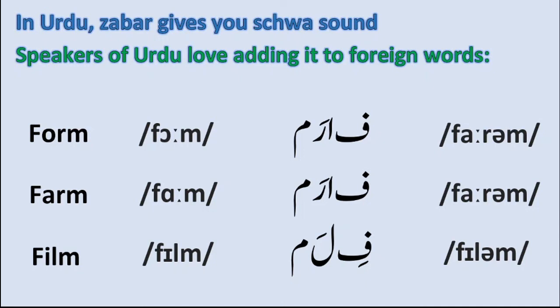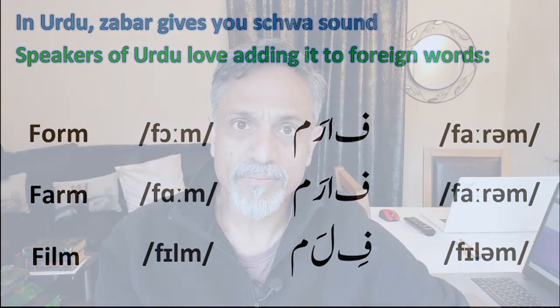Drakht becomes drakhat. There are people who do pronounce these foreign words accurately as well, but generally Urdu speakers, particularly in Pakistan, add this extra schwa sound. Remember, that is going to help you to understand many cognates in the Urdu language.